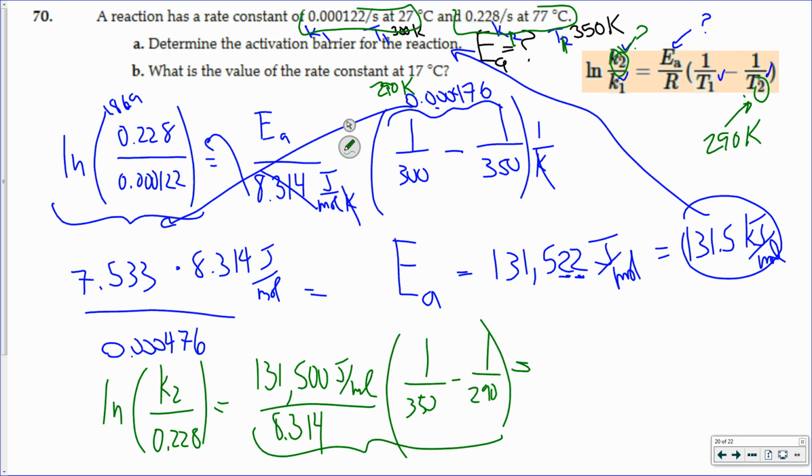So parentheses, 350 versus 290, equals. All right, I get that the number on the right-hand side is negative 9.350. Anybody else get that? Double check my math.